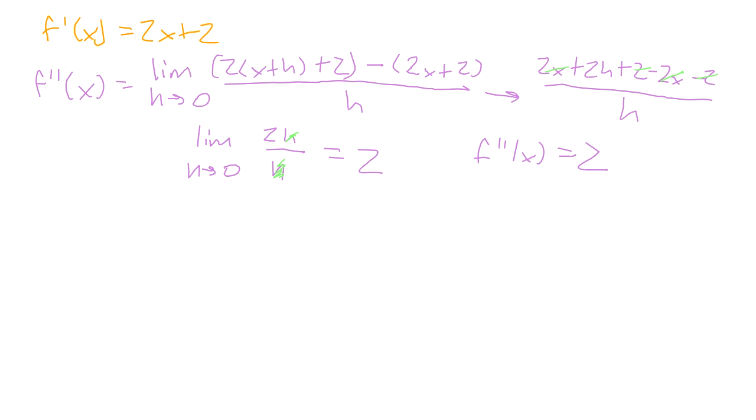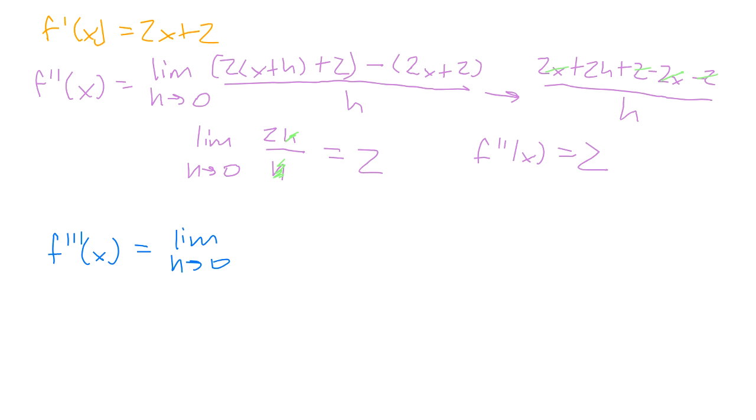So now let's move on and take the third one real quick. We're going to have f triple prime of x equals the limit as h approaches 0. Well, there's no x in our function, so we just plug things straight in. We can't plug in h anywhere, so we're just left with 2.